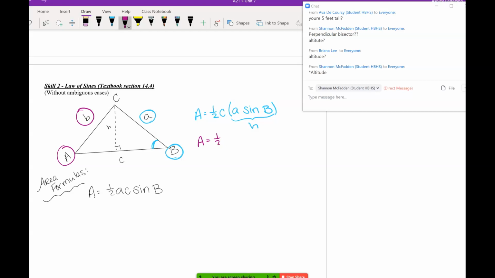I can still use 1/2. My base with this setup is still little c. But now, in order to find the height, think about what we did earlier, yeah? We would have the sine of angle A equal to the height over little b, which means the height would be the product of b sine A. So this could then be substituted in just like we did for the previous triangle.